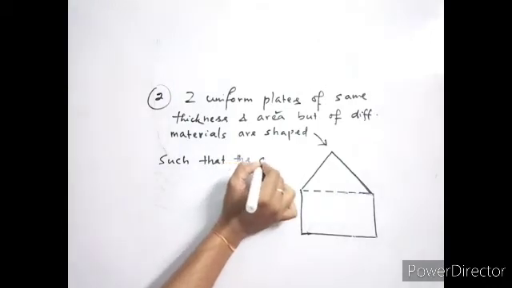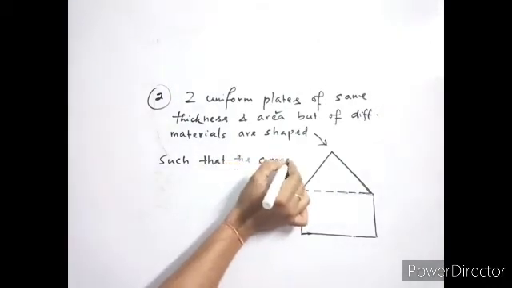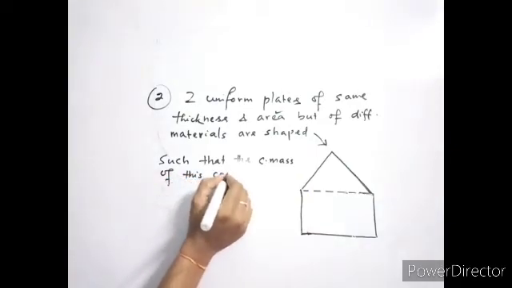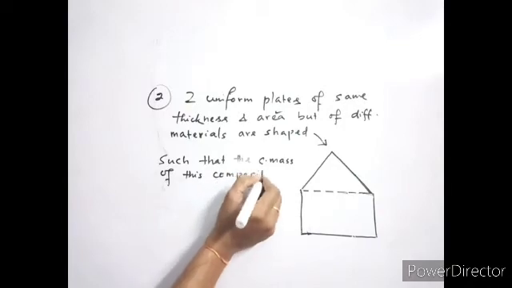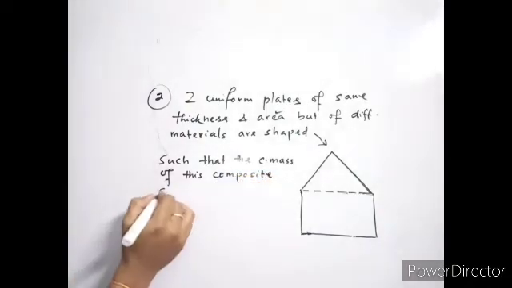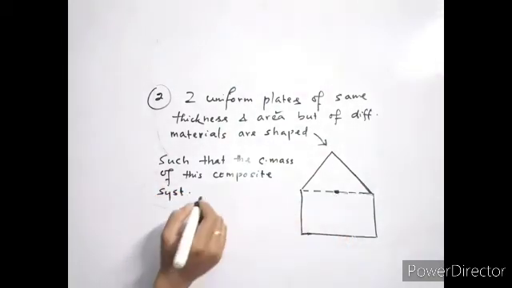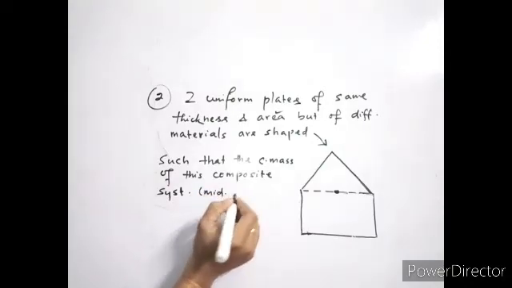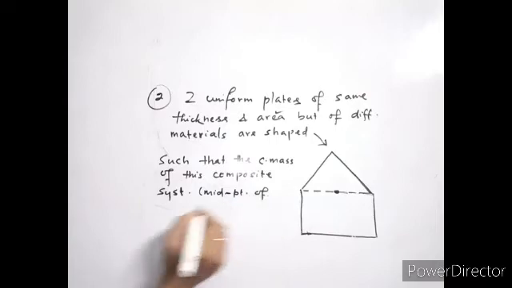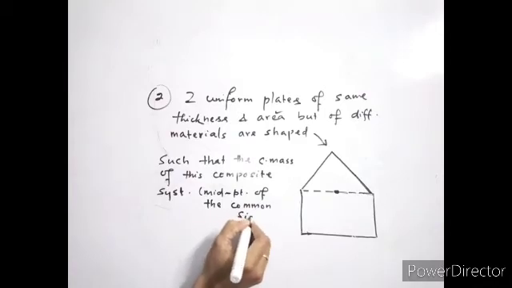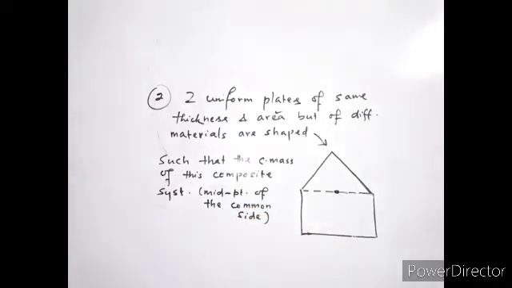They are arranged in such a way that the center of mass of the composite system, the composite system of the triangle and the rectangle, lies exactly at the midpoint of the line common to both the figures. So it lies at the midpoint of the common side of the triangle as well as the rectangle.